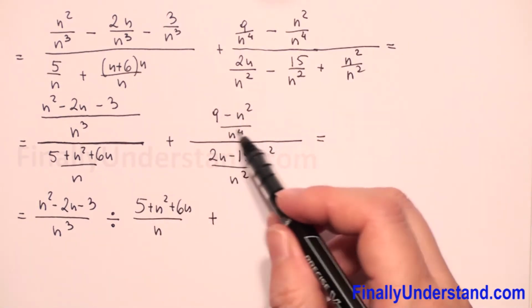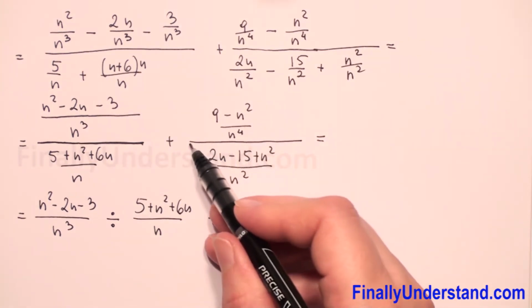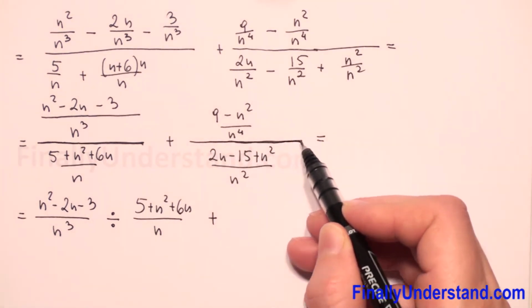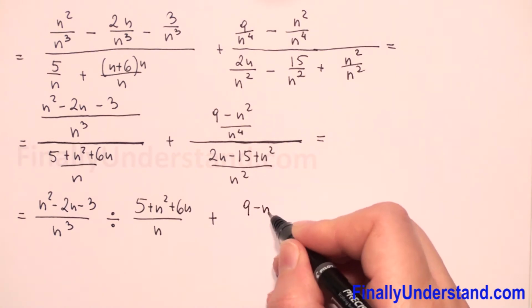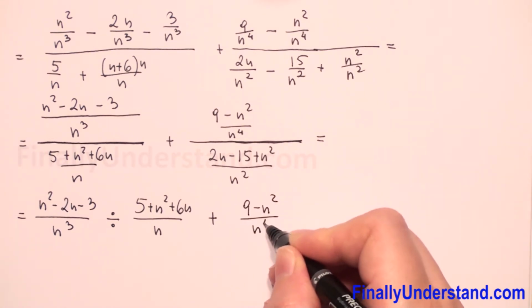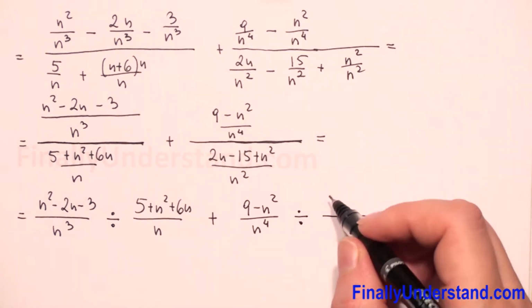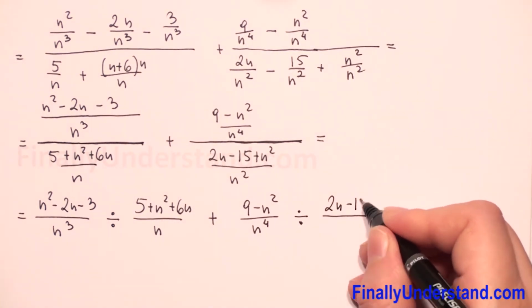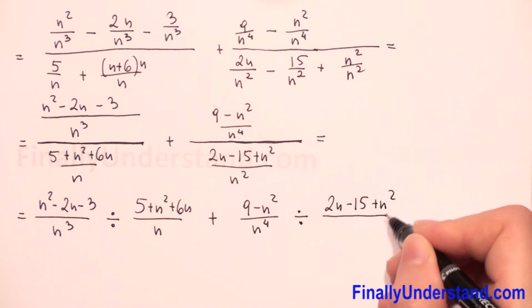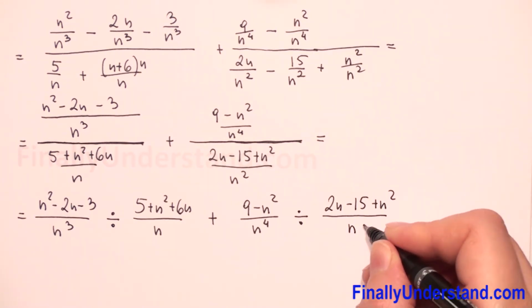The same we will do with the second fraction. This main fraction I will change to division, so we have 9 minus n squared over n to 4th power, divide sign, and we have 2n minus 15 plus n squared over n squared.